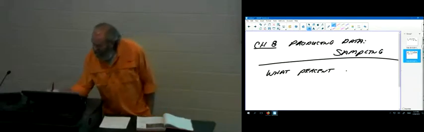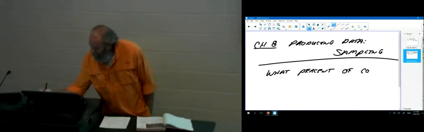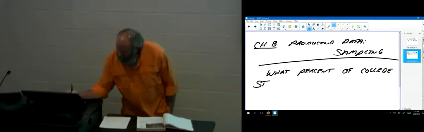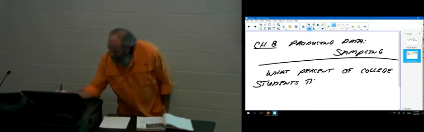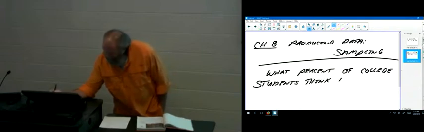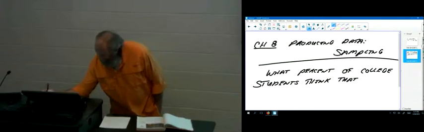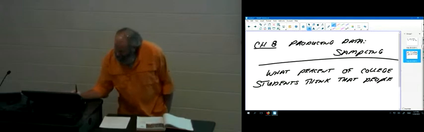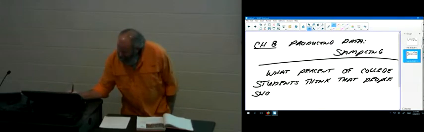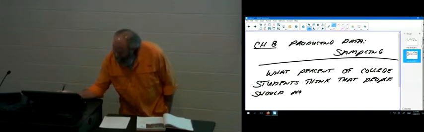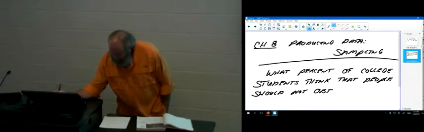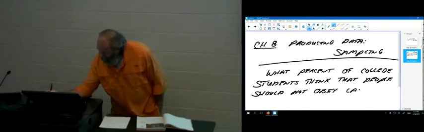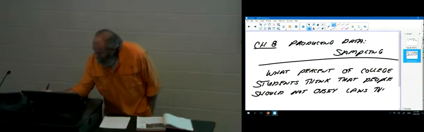What percent of college students think that people should not obey laws that violate their personal values.